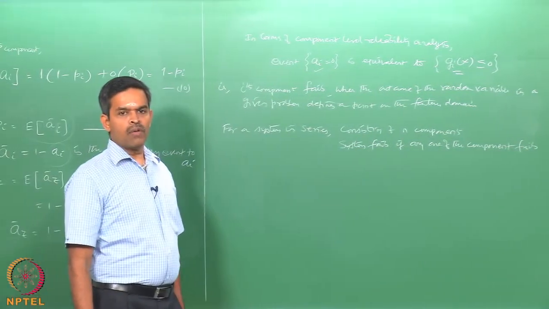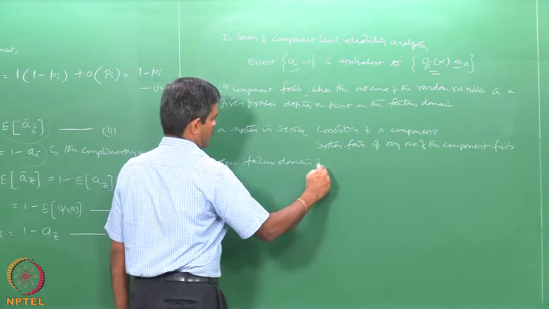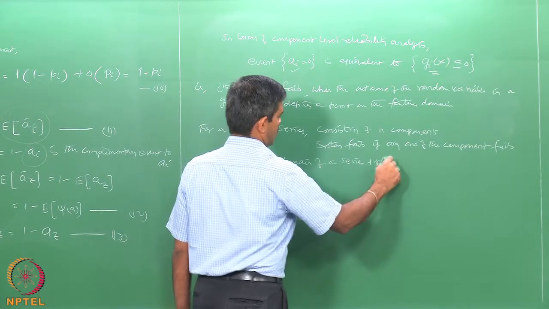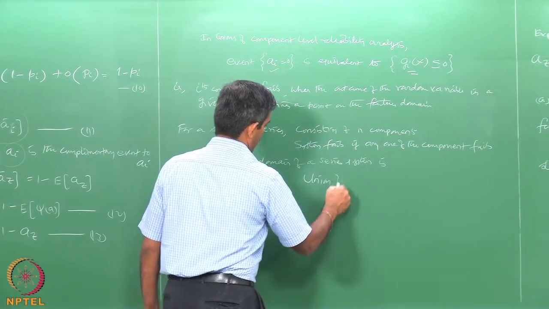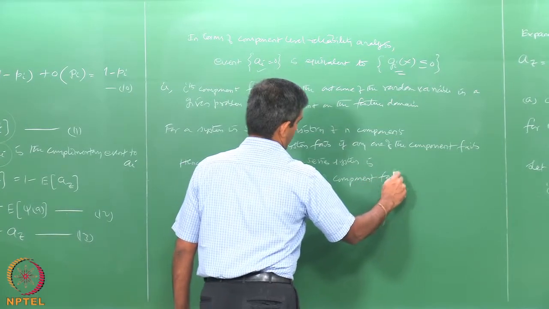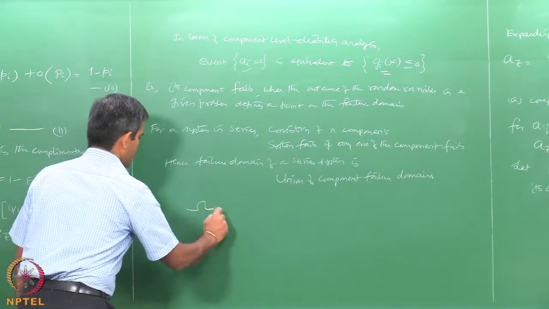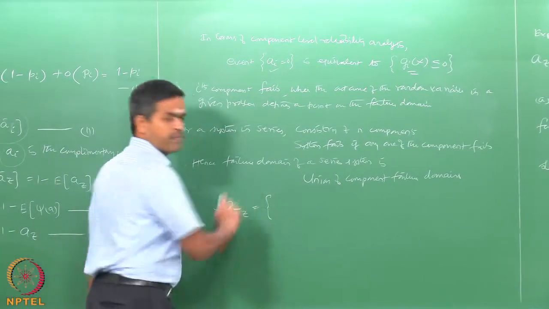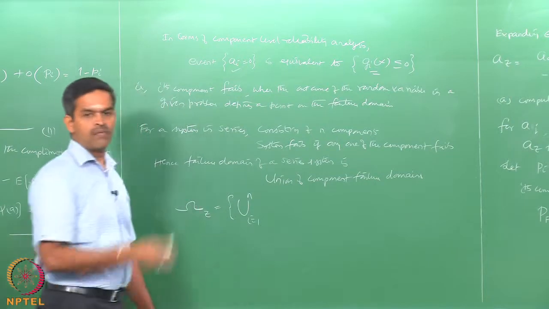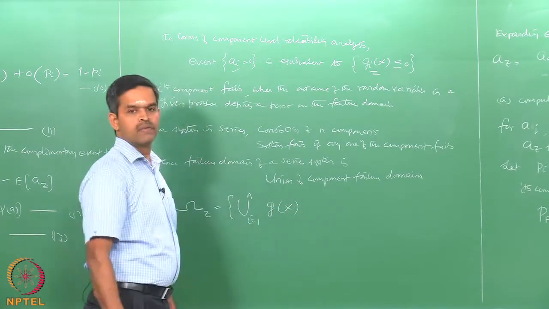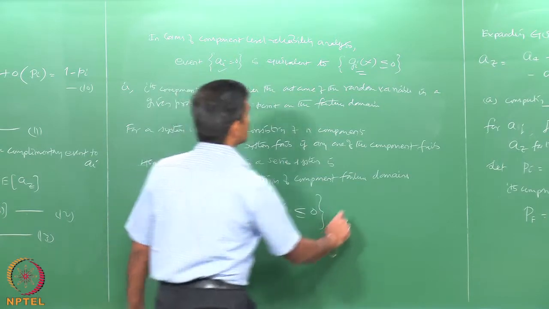Therefore, the failure domain of a series system is nothing but the union of component failure domains, which can be given by the expression: union of i equals 1 to n, the number of components, of g of x less than or equal to 0, equation number 40.